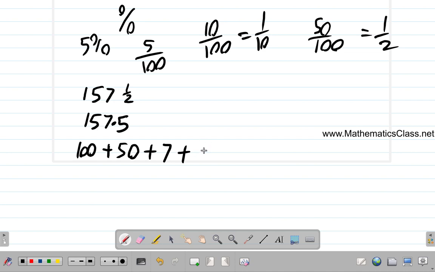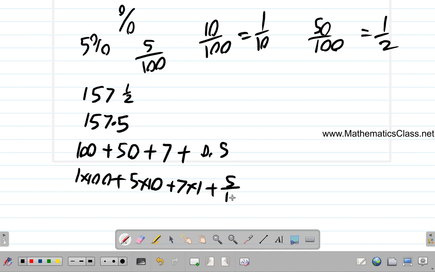In this case 0.5. Now this 100 mean 1 times 100 plus the 50 is 5 times 10 plus the 7 times 1 plus, now 0.5 is the same as 5 out of 10.